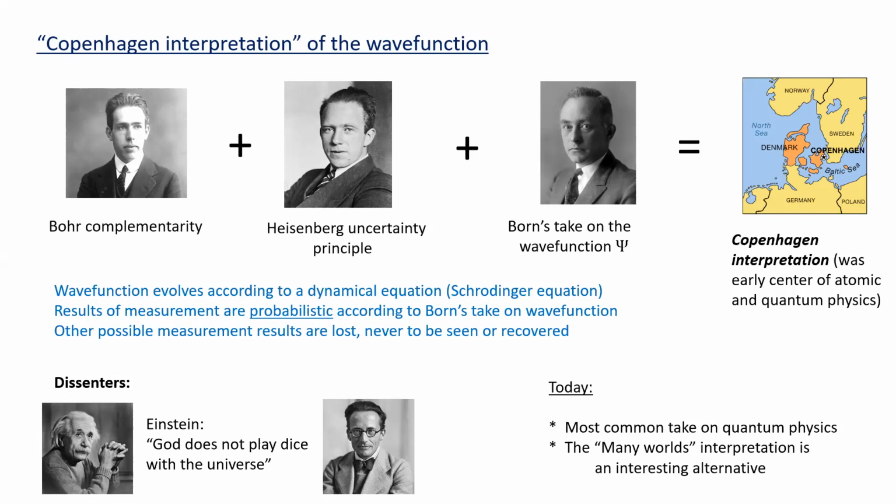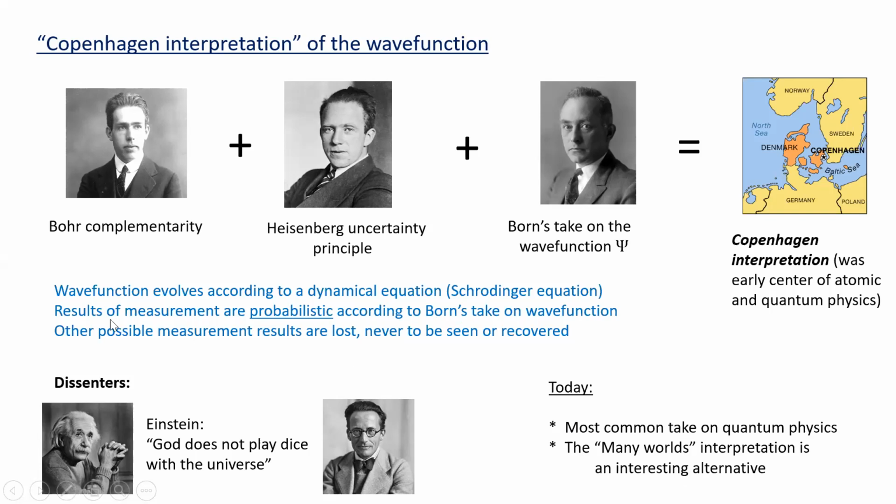But today, the mathematics and predictions of the Copenhagen interpretation work quite well, and it's the most common take on quantum physics today. There's another take on quantum physics called the many worlds interpretation, which is very interesting.